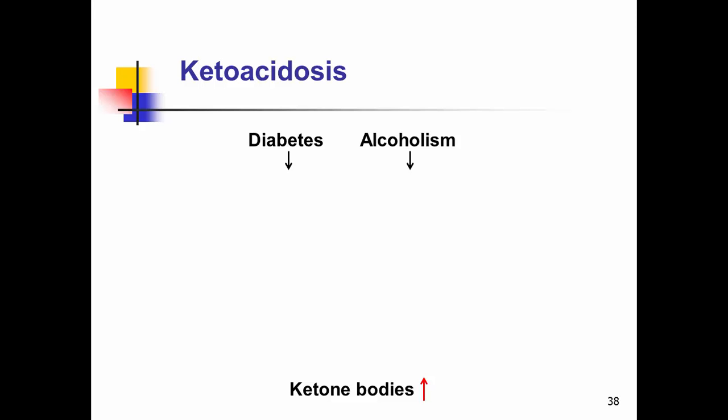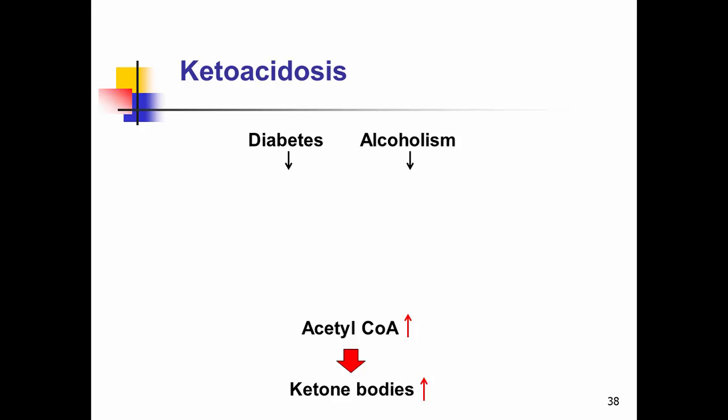We know the substrate for ketone body synthesis is acetyl-CoA. If synthesis is increased, it requires more acetyl-CoA molecules. Increased acetyl-CoA will cause increased ketogenesis. So in what metabolic conditions is acetyl-CoA production increased? Where does acetyl-CoA actually come from?